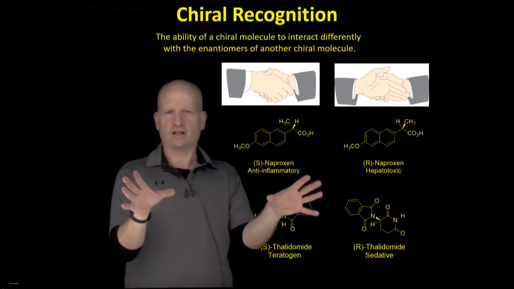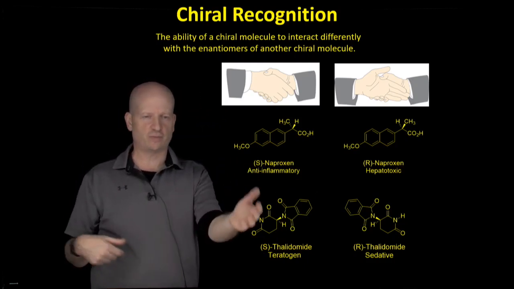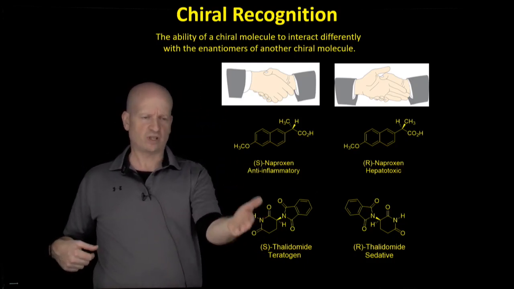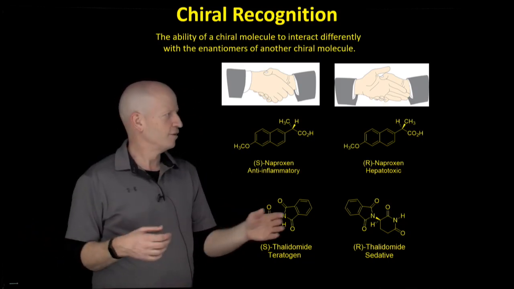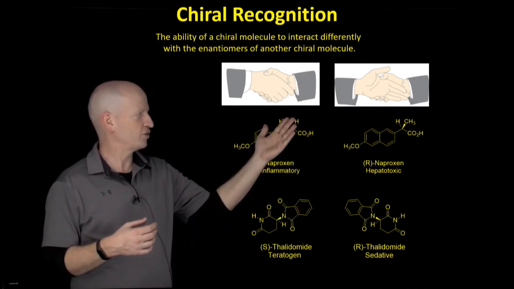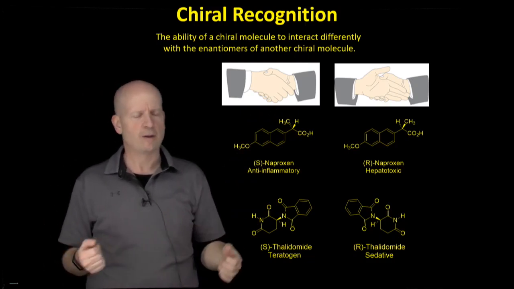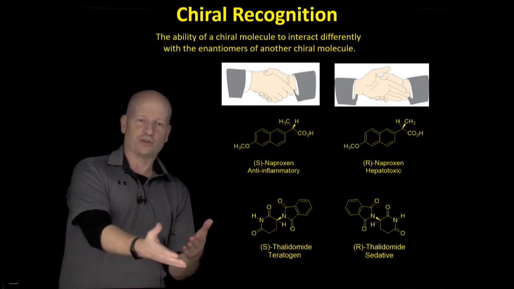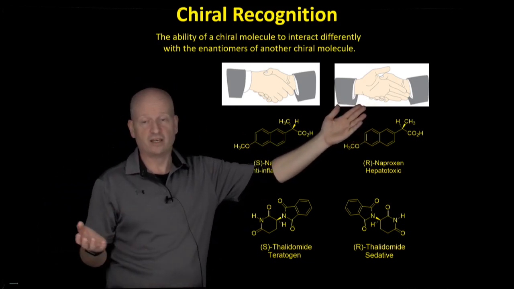And kind of the best analogy to understand this is the handshake analogy. Like if you went to shake somebody's hand and you put out your right or left hand, as long as they put out the same hand, you can effectively shake their hand, right? So here's an image like two right hands locked together perfectly in a normal handshake. But if you put out your right hand and the other person puts out their left hand, they don't fit together correctly.